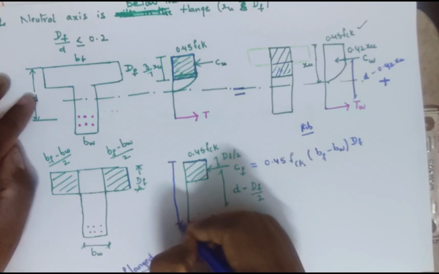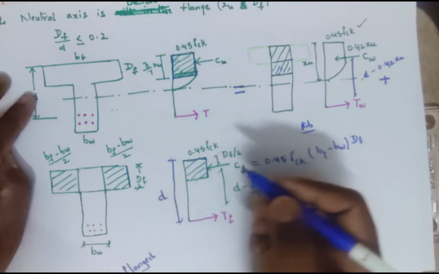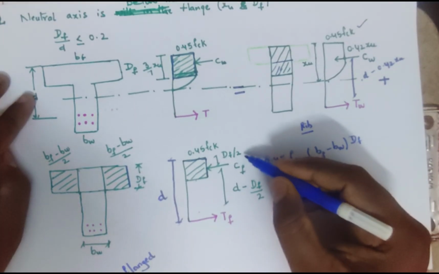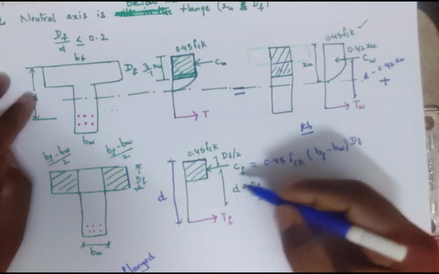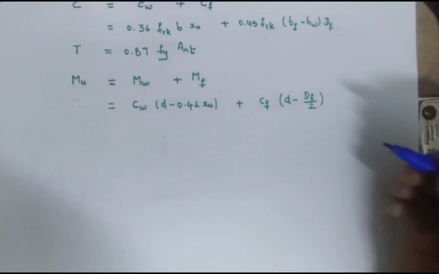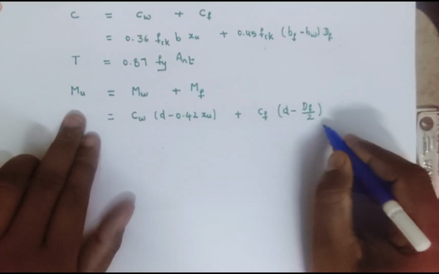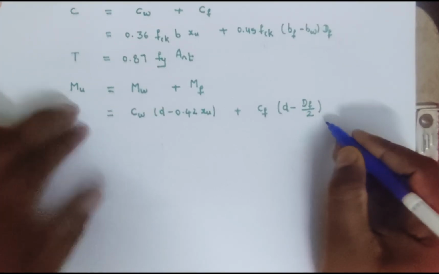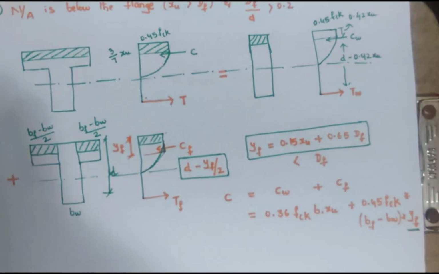This is d. d minus df by 2 will give the lever arm in the case of the flange portion, right? Here this is the lever arm, right?